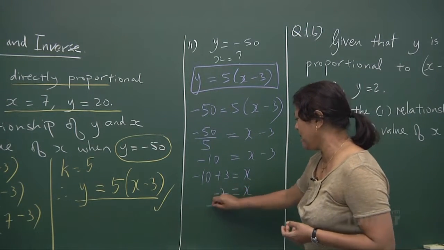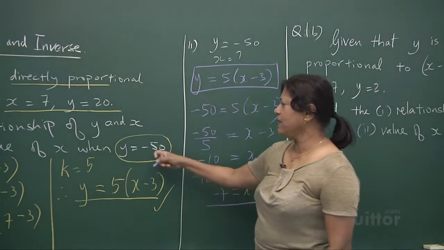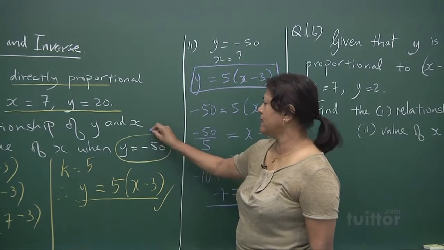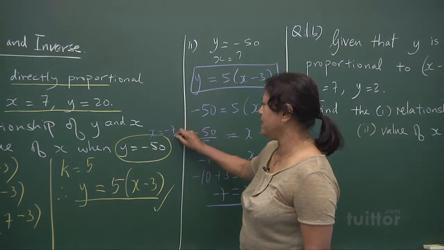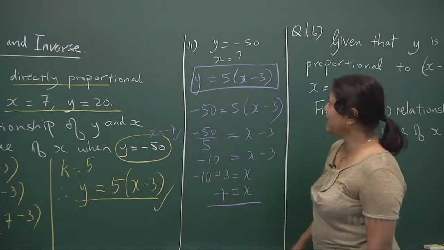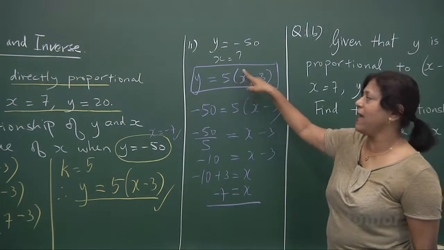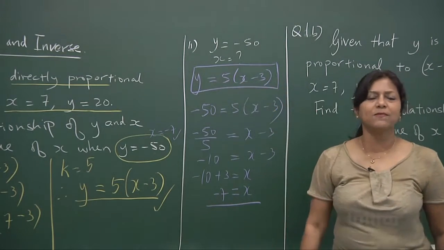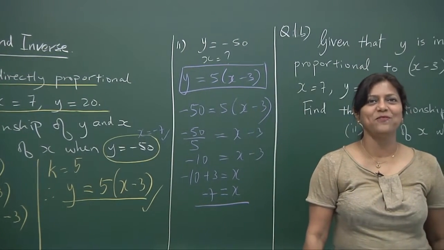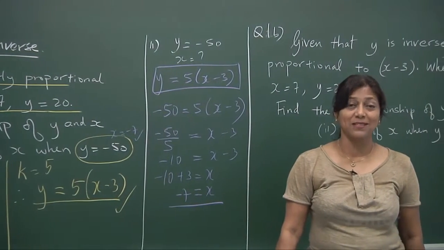Oh la la. So when y is minus 50, your x is minus 7. Look at it: when you have minus 7, minus 3 is minus 10. Minus 10 times 5, you get minus 50. So that's how you counter-check.